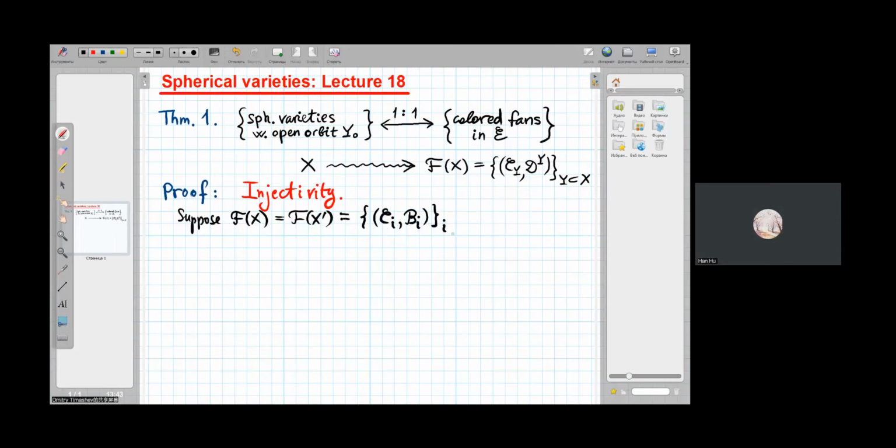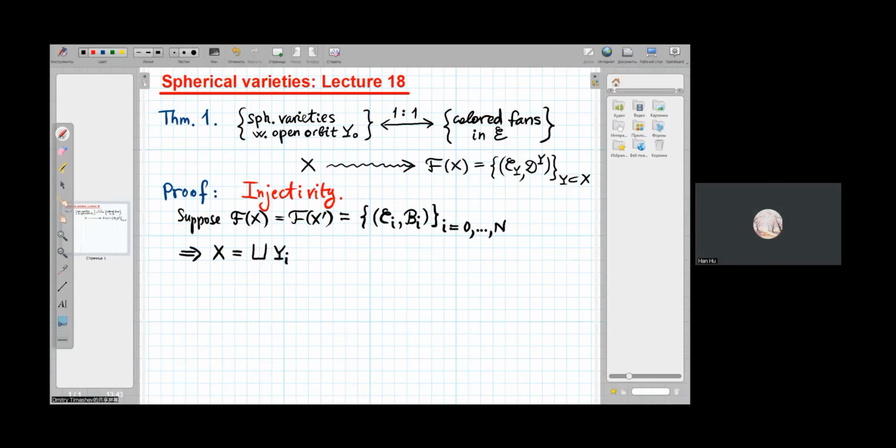So the index I, let it range from 0 to some big N. Okay, so what does it mean? This means, in particular, that the variety X is decomposed in a disjoint union of as many G orbits as there are colored cones in this fan.